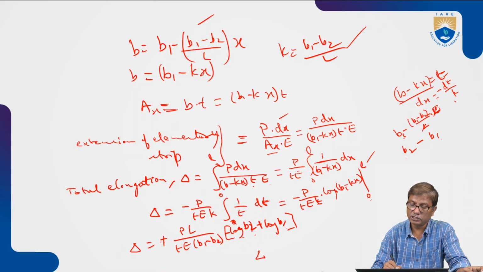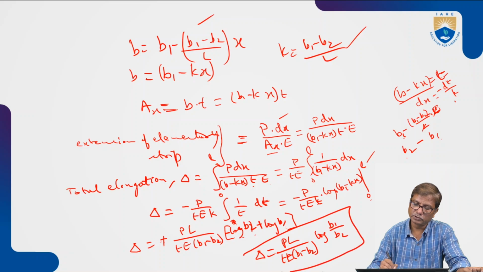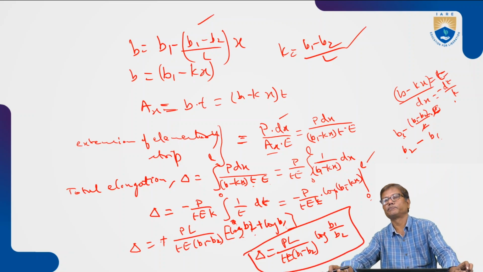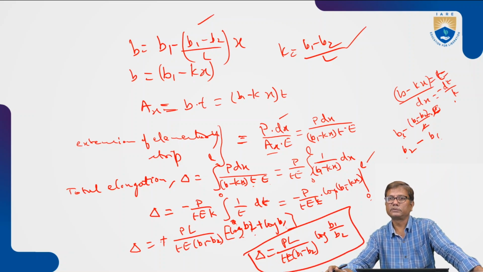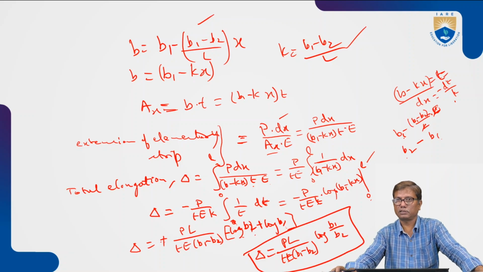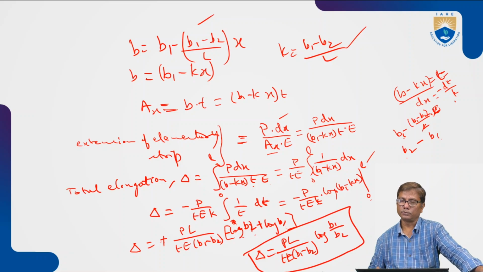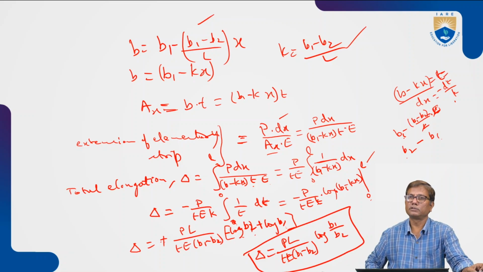So delta is equal to PL by TE, b1 minus b2, into log b1 by b2. This is the final expression for the elongation of a tapering bar with rectangular cross section, the width varying from b1 to b2 in a length of L.